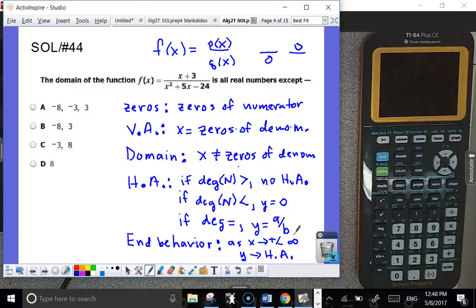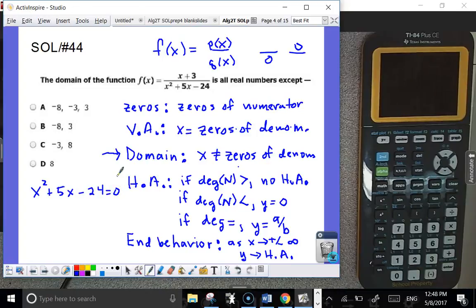Now, we want to know the domain, so we're trying to do this thing right here. How do I find the zeros of that denominator? Yeah, I mean, any way you want. If it helps, you could write a little equation, x squared plus 5x minus 24 equals 0, and then you solve it.